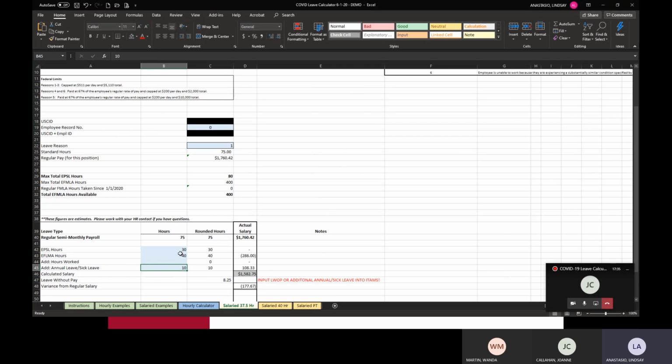However, even though it adds up to more than their regular hours, they still need to record another 8.25 hours in order to get their full paycheck because of the EFMLA hours. So see, now they get back to their regular salaried amount.